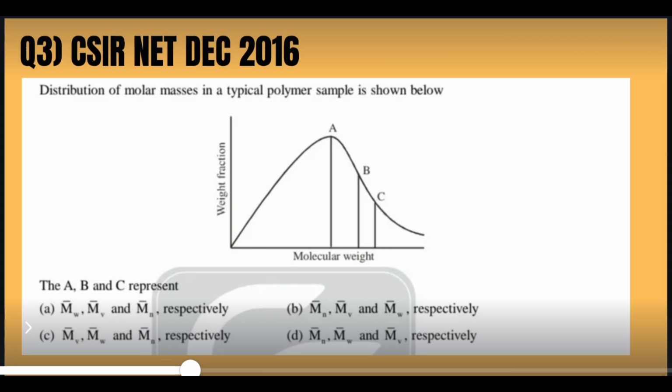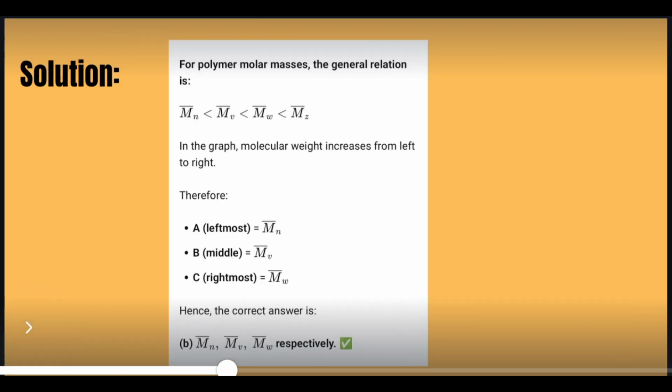Here A, B and C represent: option A, Mw bar, Mv bar and Mn bar respectively; option B is Mn bar, Mv bar and Mw bar respectively; option C is Mv bar, Mw bar and Mn bar respectively; and option D is Mn bar, Mw bar and Mv bar respectively. Now we'll see the solution.